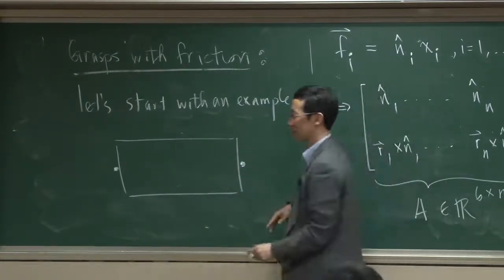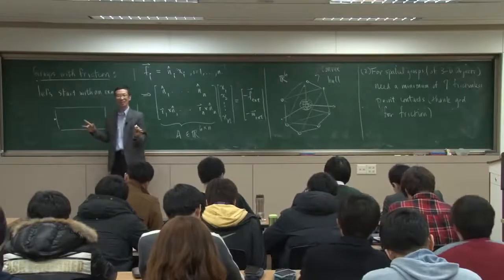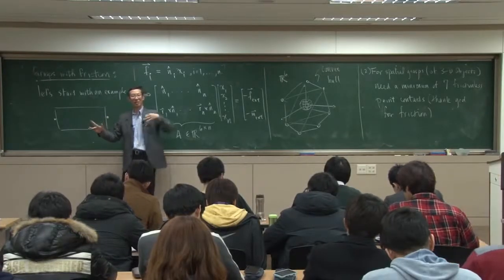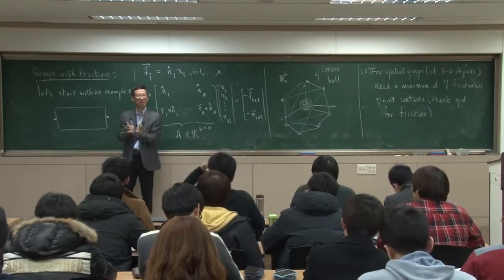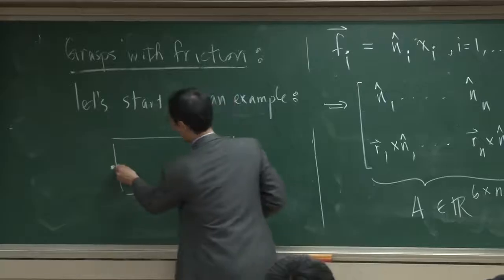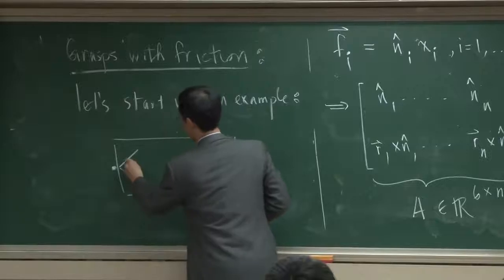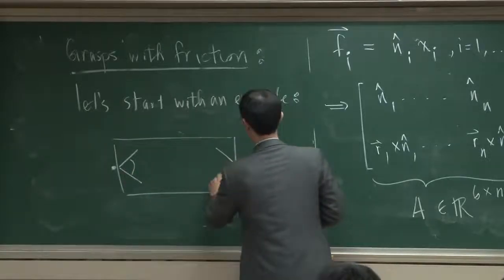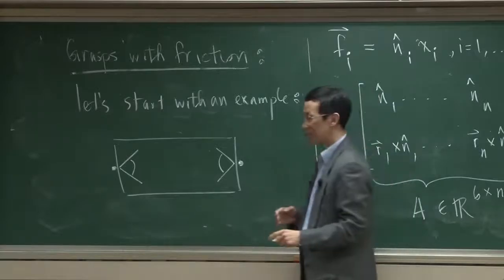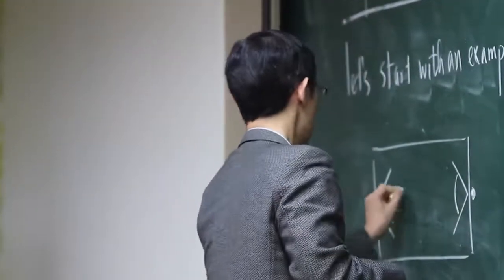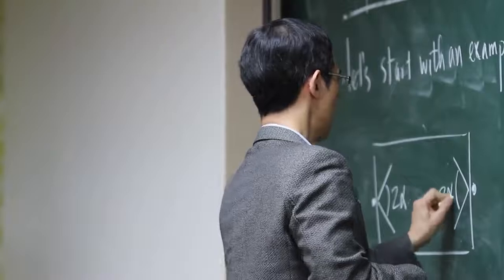Remember last time, we're sophisticated now, so we're going to represent friction in terms of friction cones. These are my friction cones, and the angle is going to be 2 alpha.